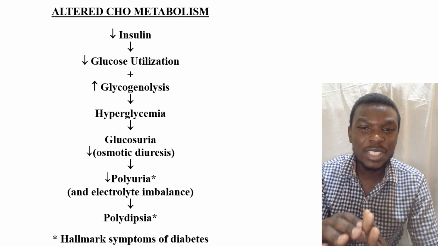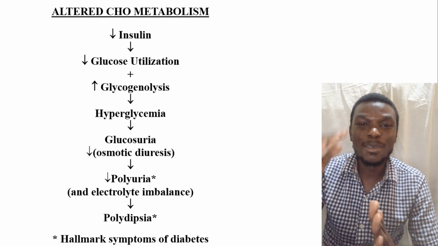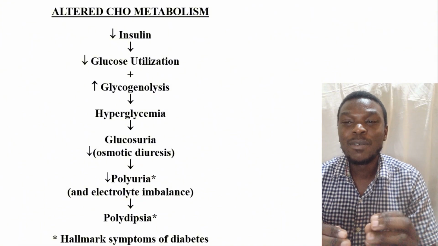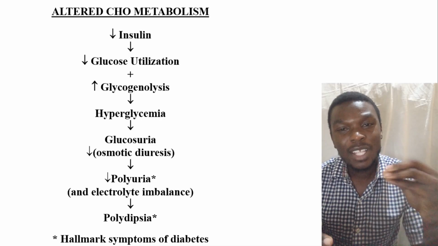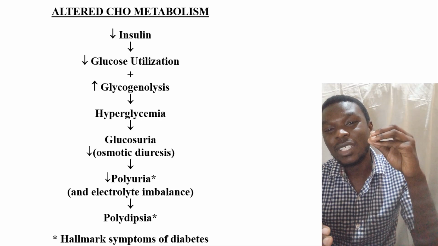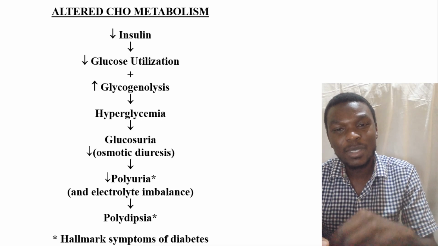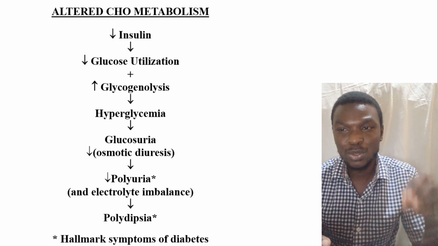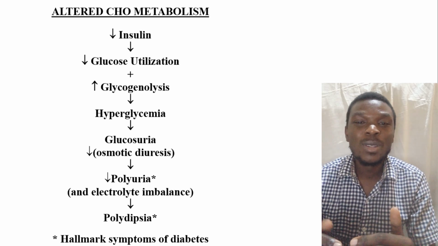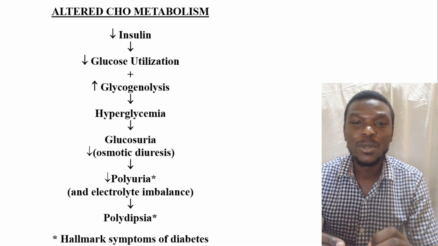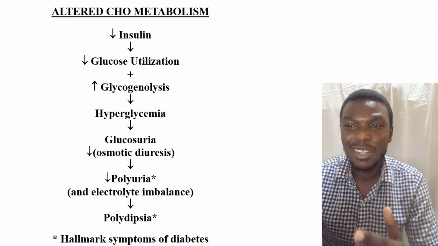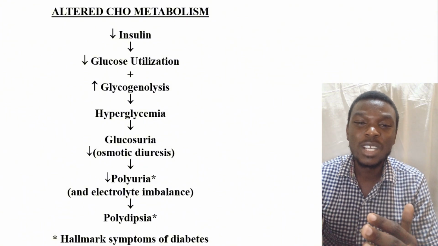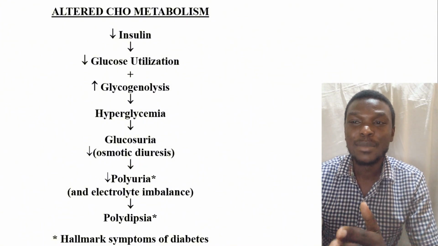Now we're slowly seeing how the hyperglycemia comes in. Because of this glycogenolysis, more sugar is being deposited back into the bloodstream, this stored sugar. As a result, you're going to have hyperglycemia. So when you test this patient, their random blood sugars will be high. This is one of the mechanisms where the sugar is coming from.